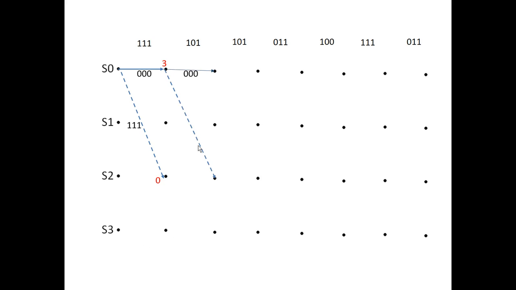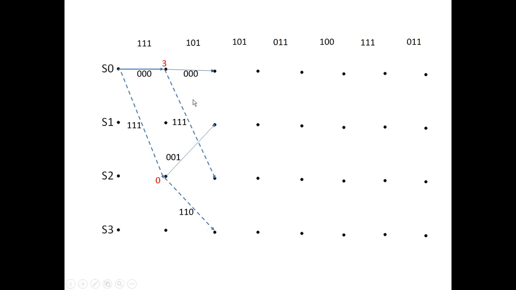Then input 1 moves to S2, having output 111. Then from this S2, when the input is 0, it moves to S1, having output 0, 0, 1. All of this is obtained from the state table. Then when the input is 1, S2 moves to S3, having output 110.